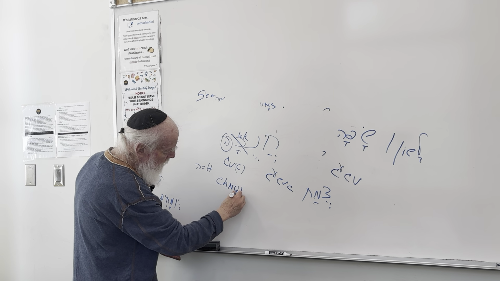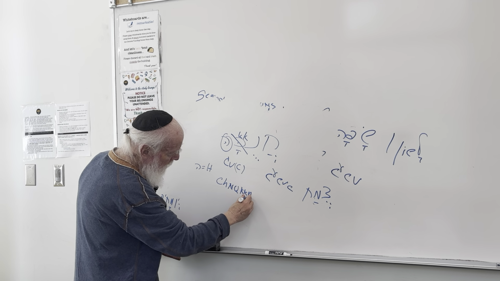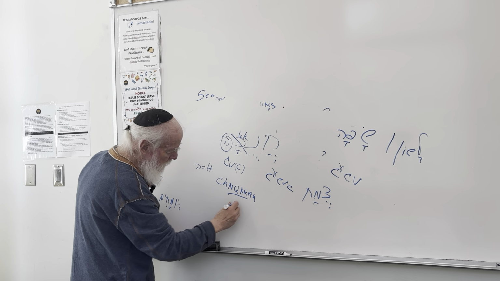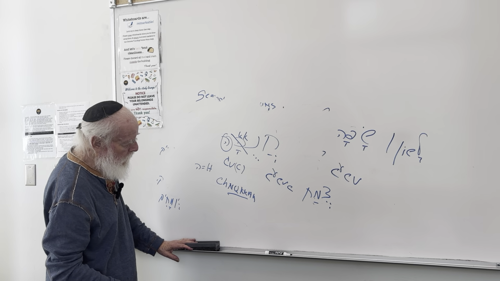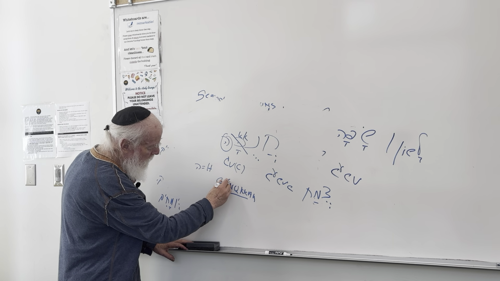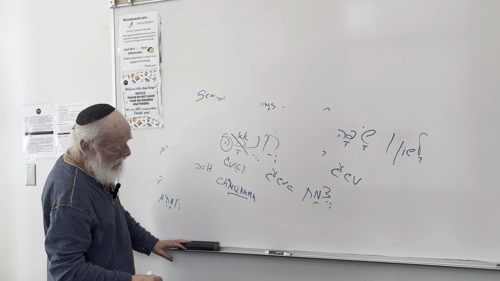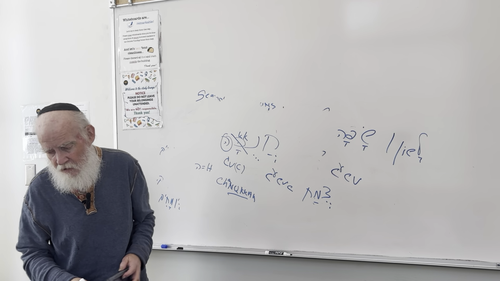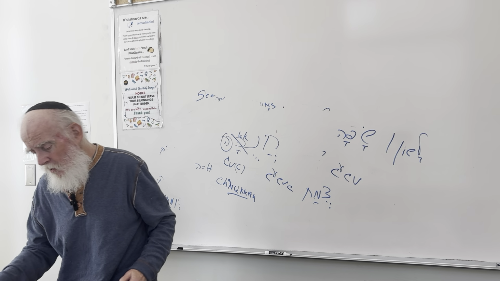So you add K, and then A, and then H. This is the proper spelling of the word Hanukkah. C-H, Hanukkah, N-U-K-K-A-H, Hanukkah.